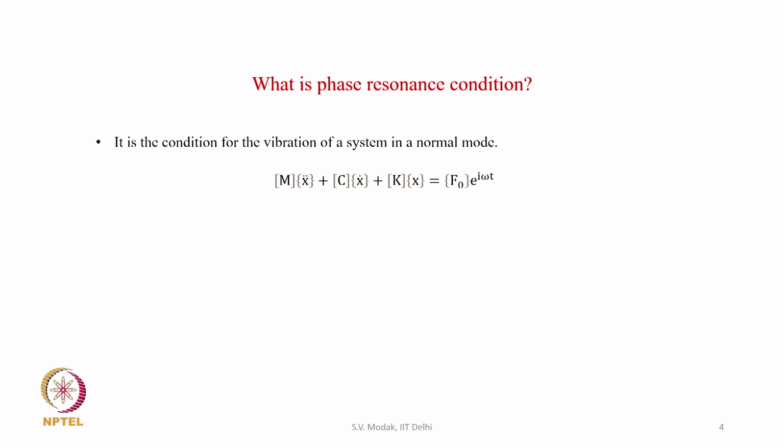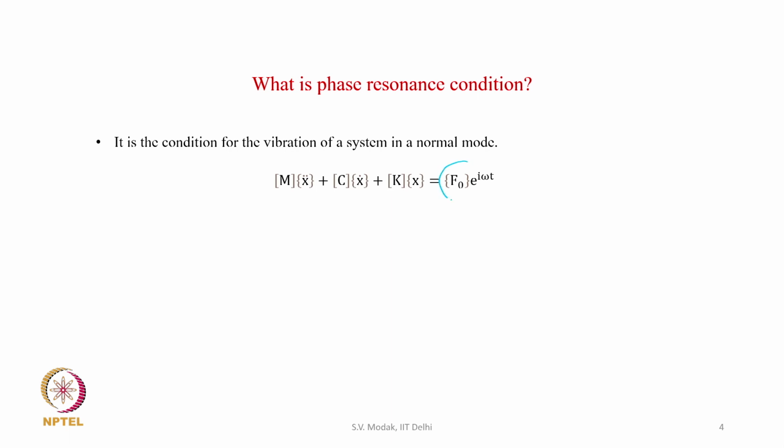This is the equation of motion for a multi-degree of freedom system in matrix form, which is M x double dot plus C x dot plus K x is equal to f naught e to the power i omega t, and this is the equation of motion for the harmonic vibration of the structure. Here the forces are applied at different degrees of freedom, and the amplitude of the forces is represented by vector f naught, and the frequency of the force is omega.